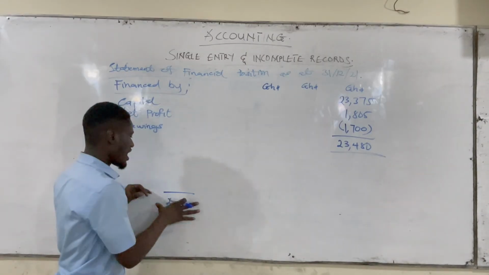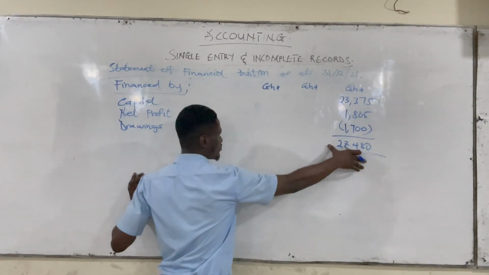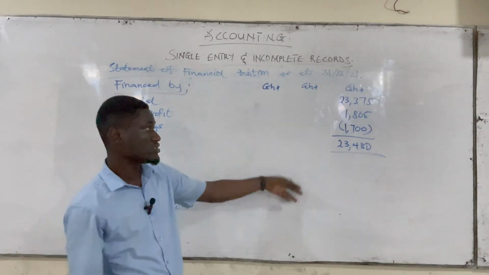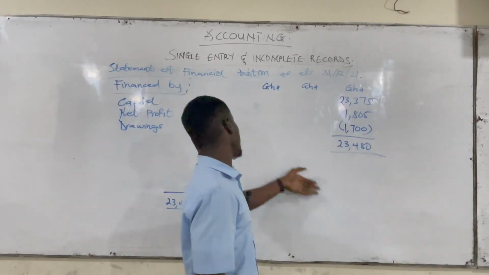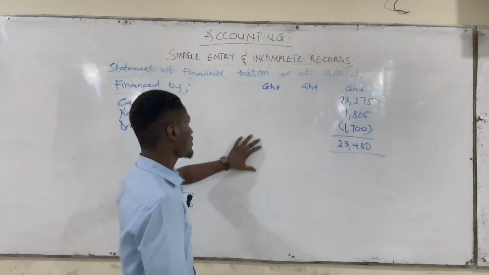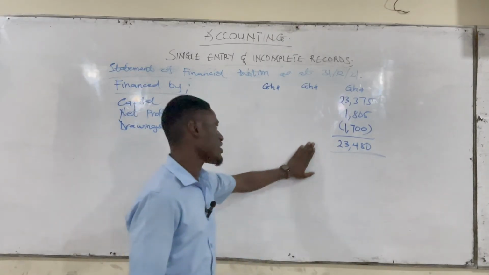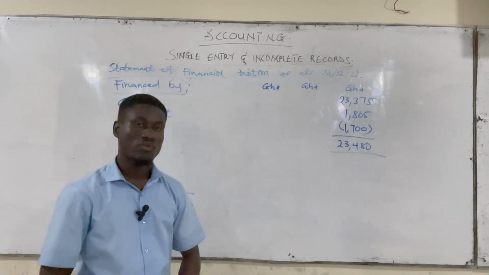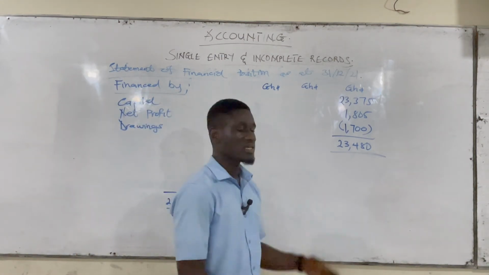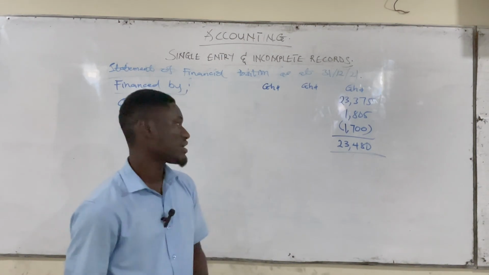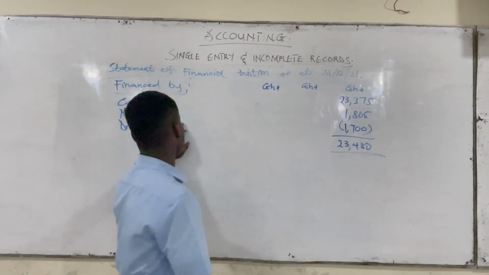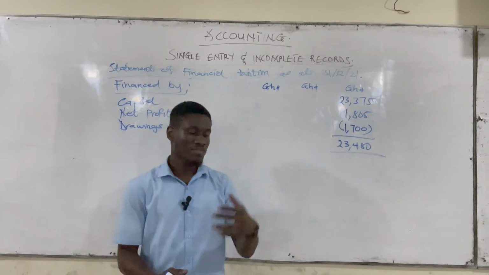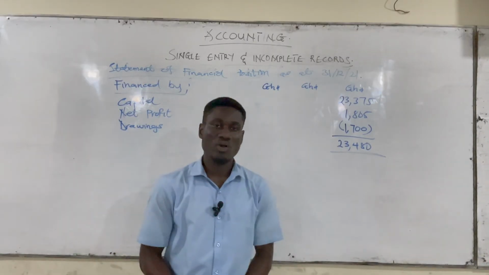At the end, our owner's equity, which is this amount, was equal to our net asset that we already computed. So we should get 23,480, which we've gotten. So we could say that we've gone through the right procedure to get our final answer. So this is all for the statement of financial position.